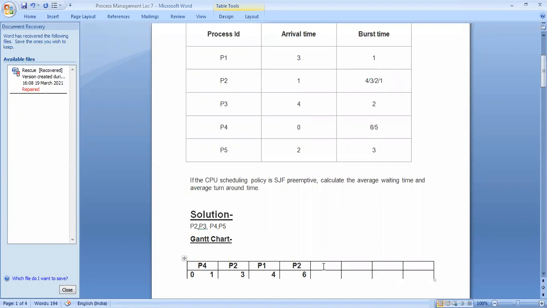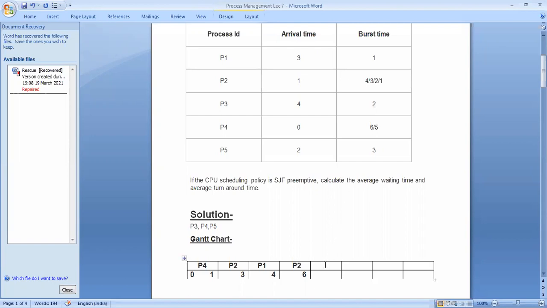Now which process will execute? Anyone? P2 process is complete, so within the ready queue P3, P4 and P5 processes are there. Which process has less burst time? P3.